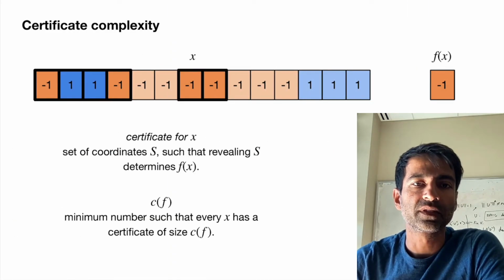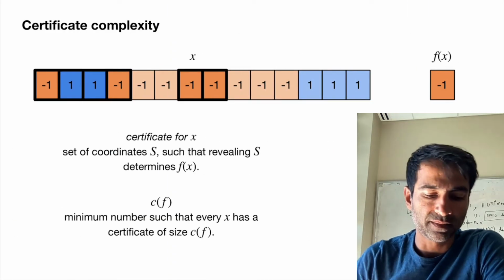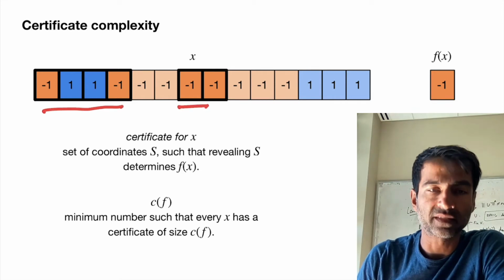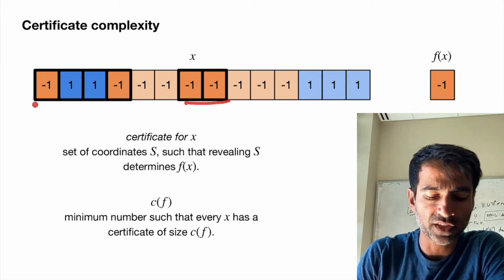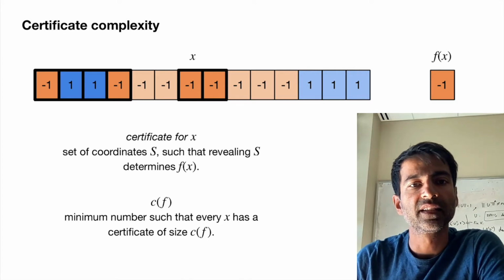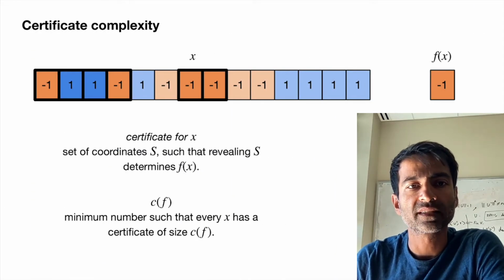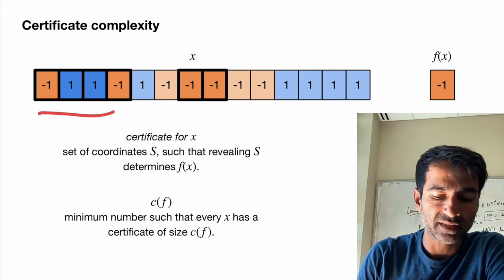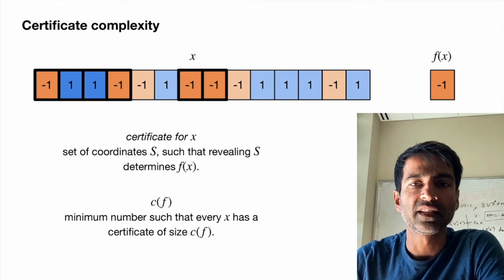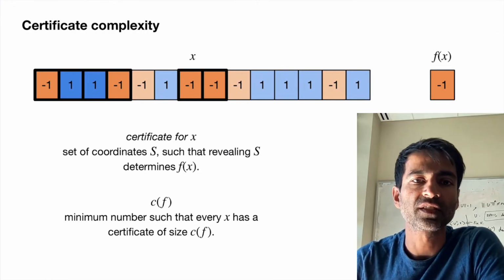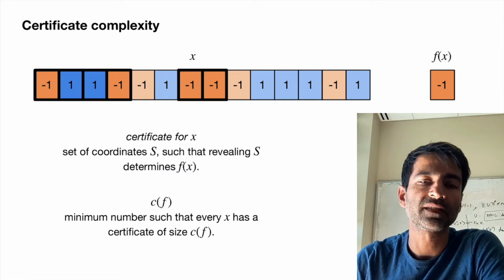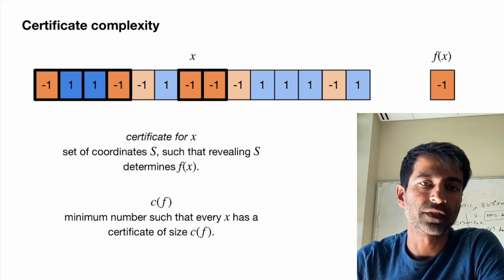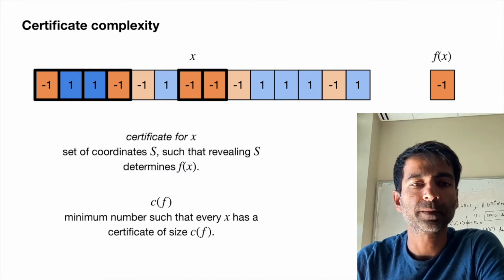So for example, if this set of coordinates here is a certificate for the function, it means that if you change the other coordinates while keeping these coordinates fixed, then the value of the function does not change. Okay. So that's a valid certificate for this input.